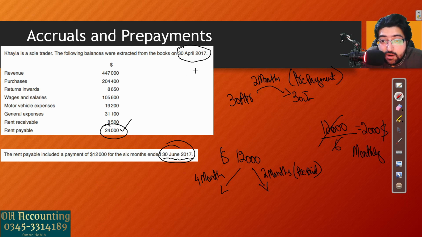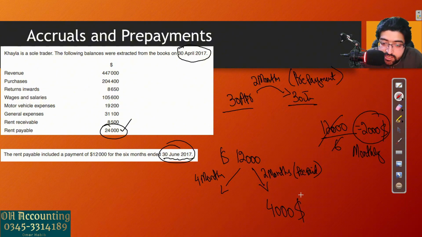How? Our accounting year is ending on 30th April. We have paid till 30th June. So after April, May, June, 2 months. So how much do 2 months come to? It is $2,000 monthly. So for 2 months, the prepaid amount would be $4,000, right? So simply subtract $4,000 from the amount of rent payable given in the question, because this amount shows the money paid during the year, but in the income statement we have to show the expense relating to the current year only, which is 20,000.